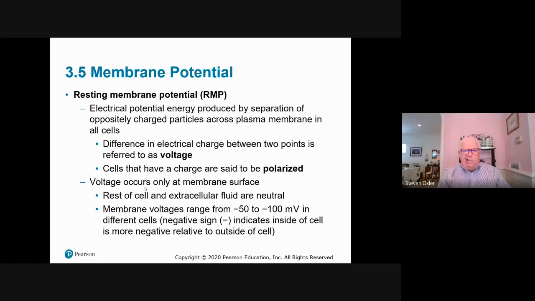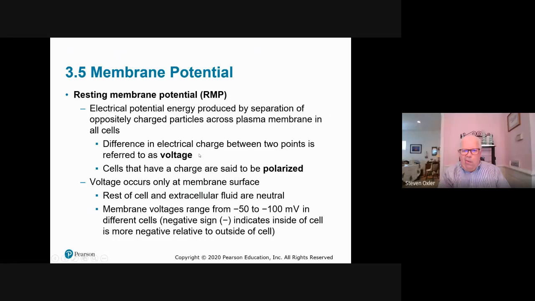Resting membrane potential. Resting membrane potential is the electrical potential energy produced by the charged particles across the plasma membrane on all cells. If a cell has a charge, it is said to be polarized. The difference in electrical charge between 2 points is known as voltage.